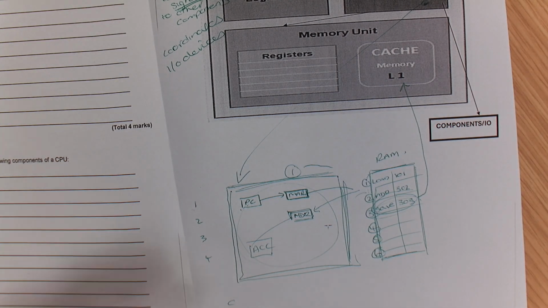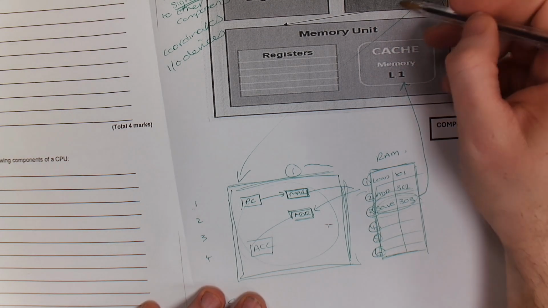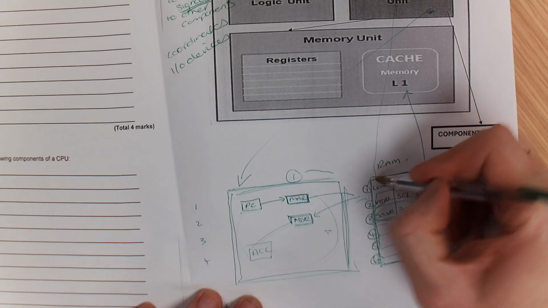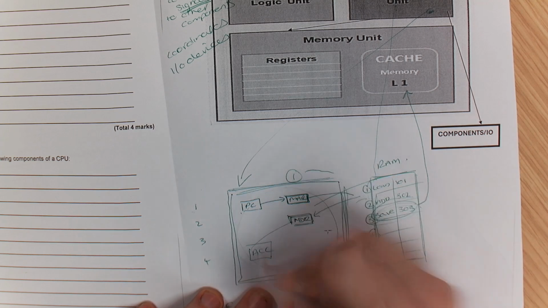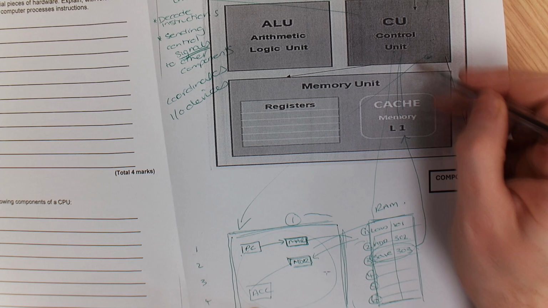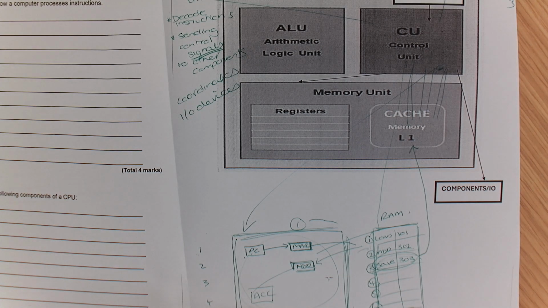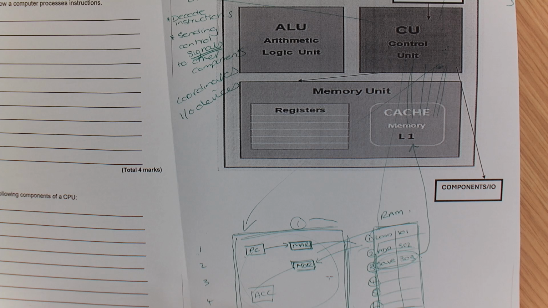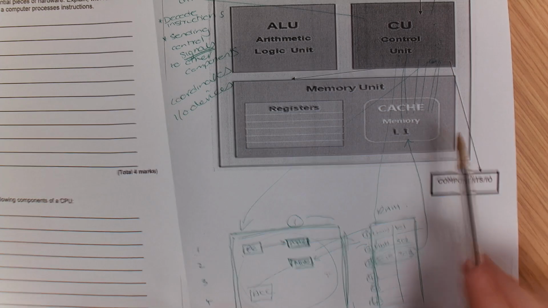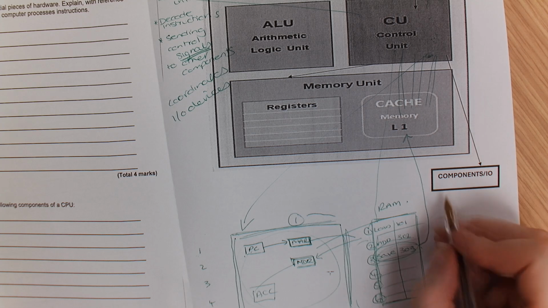That now means that instruction doesn't need to go all the way to the RAM to process it again to get the output. The control unit can just keep going to the cache now. Which is closer? Cache, okay? So what's happening here, all right? Yes, it does improve efficiency.